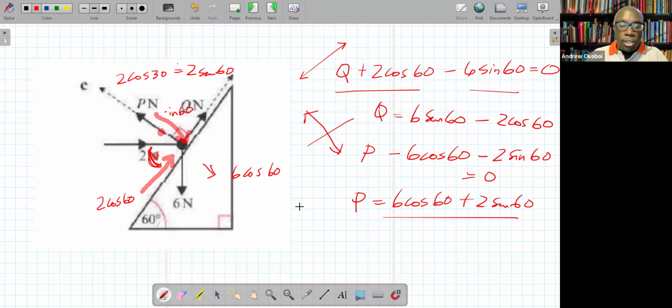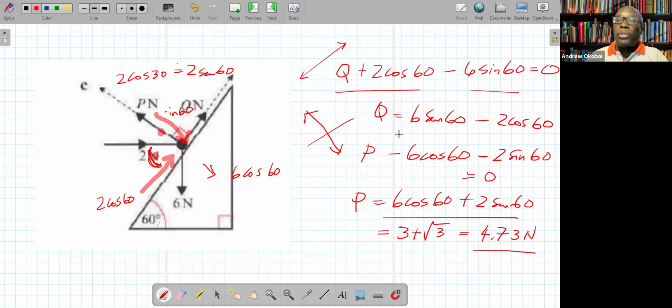So 6 cos 60 plus 2 sine 60. When I enter those together, it gives me 3 plus root 3. I want to get the decimal, so that's 4.73 newtons. That's the value for P.